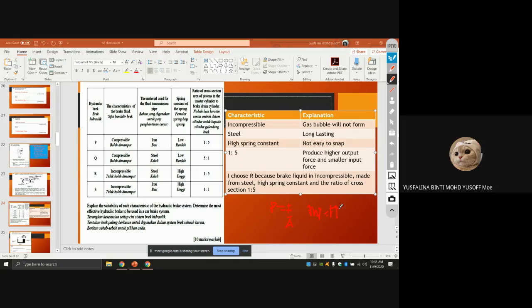That's why we just use a small area for the master piston, so you don't need to put a high force on the brake if you want to stop the car. So that's the answer. I choose R, because the brake liquid is incompressible, made from steel with high spring constant, and the ratio of the cross section is 1 over 5.